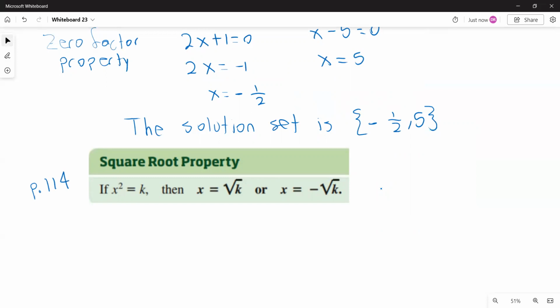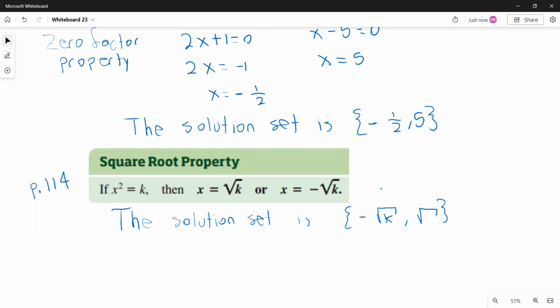And in that case, the solution set of this equation is minus square root of k, comma square root of k. If k is negative, you're going to have imaginary numbers.